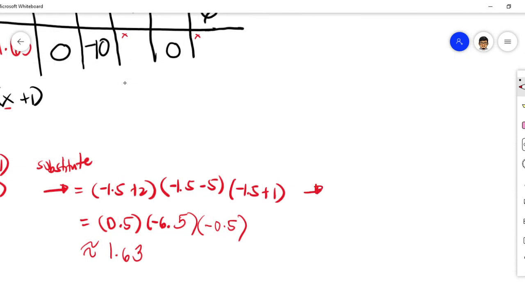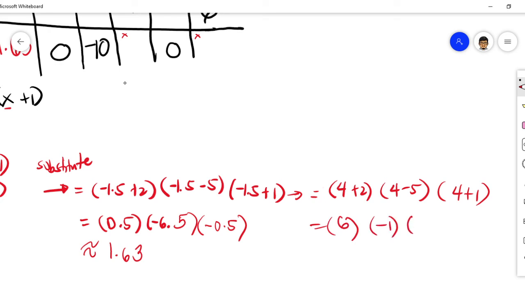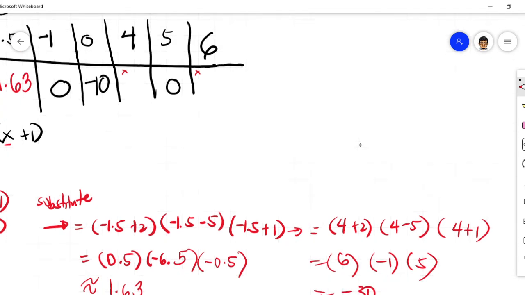Here, 4 plus 2, times 4 minus 5, times 4 plus 1. 4 plus 2 is 6. 4 minus 5 is negative 1. 4 plus 1 is 5. 6 times negative 1 is negative 6, times 5 is negative 30. So, when x is equal to 4, y is equal to negative 30.